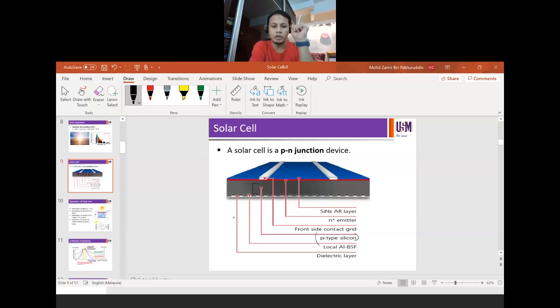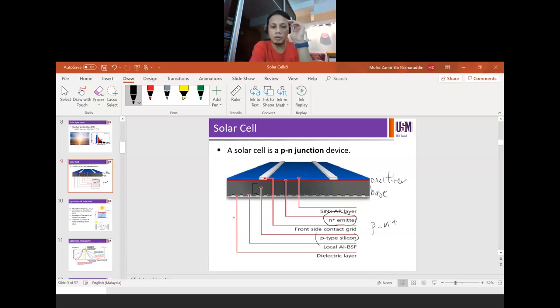Then the next layer on the p-type silicon is the red color. The red color is given by the n plus type emitter. So that means we have a pn plus junction, right? So the top layer is the emitter, the red region. The gray layer is normally called the base or absorber, right?